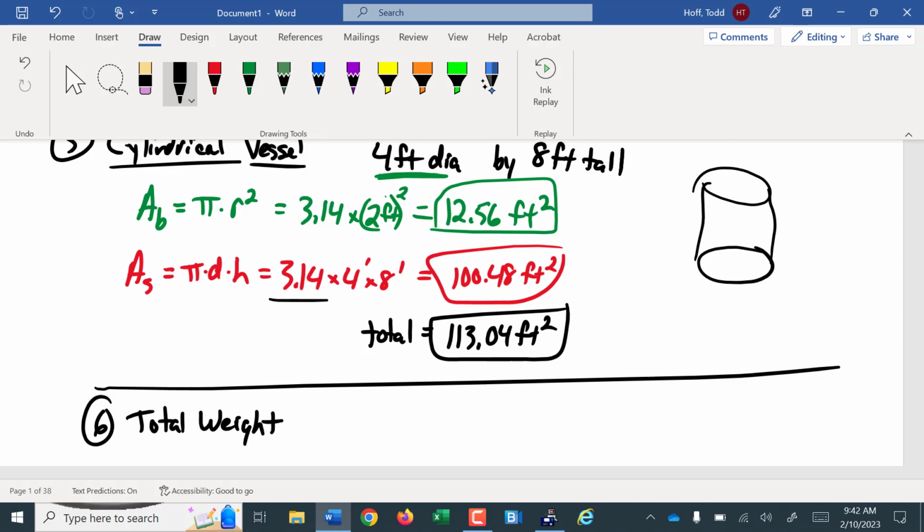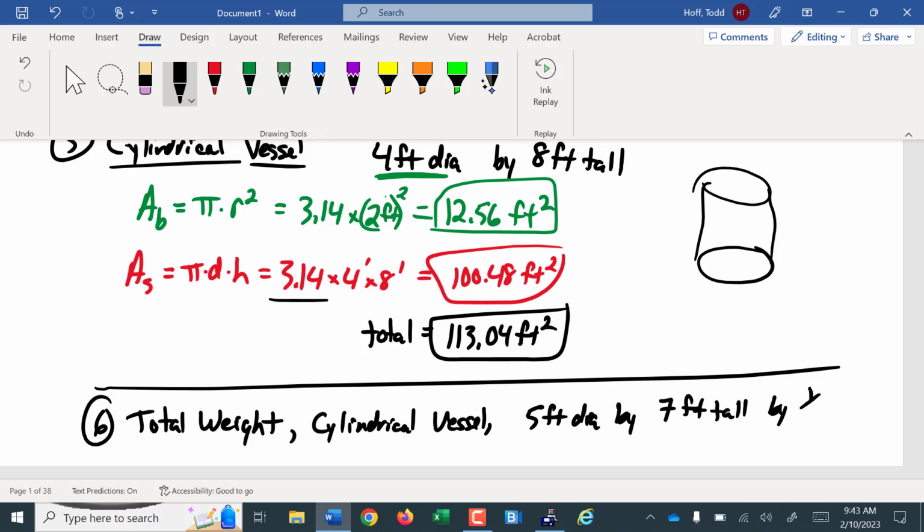So total weight. So really, it's a cylindrical vessel again. That is 5 feet in diameter by 7 feet high by a thickness of 1/4 inch steel.